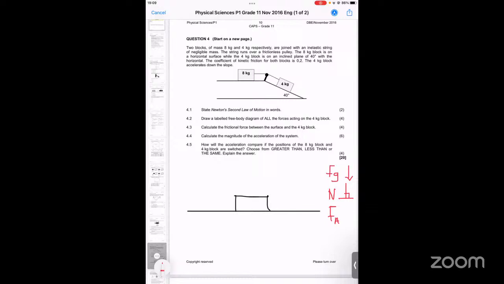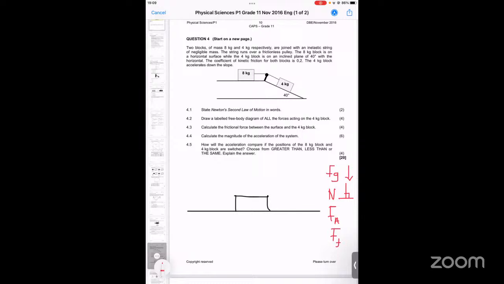Makes sense? Yes, sir. And then we are also going to have a frictional force. This one, we will be told by the examiner that the surface is rough, or maybe there is a kinetic coefficient, the coefficient of kinetic friction, which is whatever.